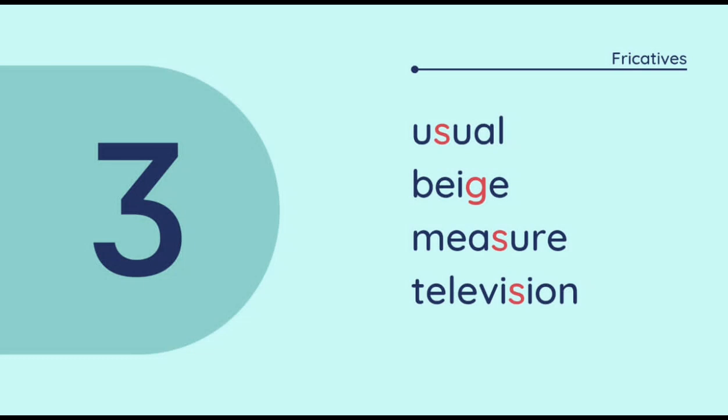It is a voiced post-alveolar fricative, and it is represented by words like usual, beige, measure, television. So it is not television with a Z, it is television with zh. Usual, beige, measure, and television.